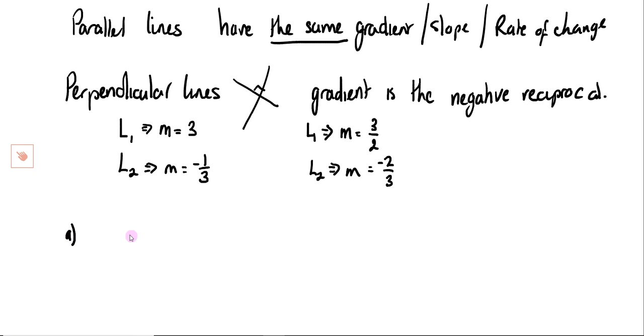A, the equation is x minus 7y equals 10. So if we need a line that is parallel or perpendicular to that one, what would the gradient be?